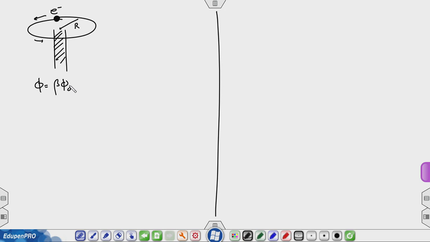Then I want to show that this gives you e r A phi over h cross equals beta.